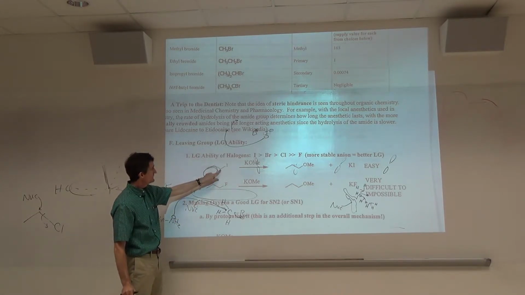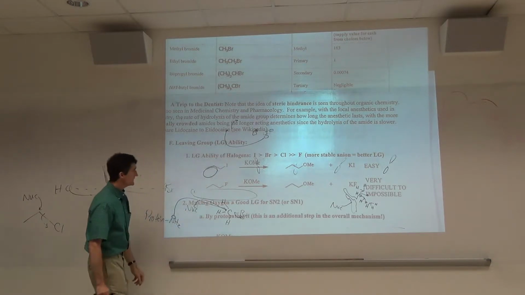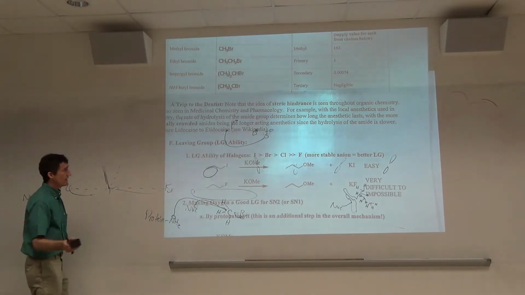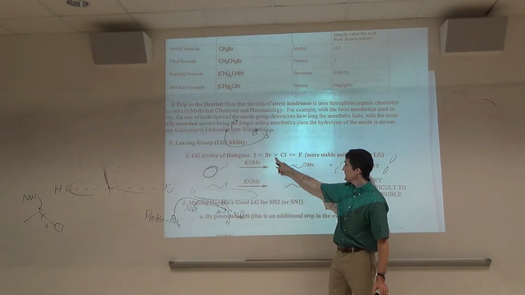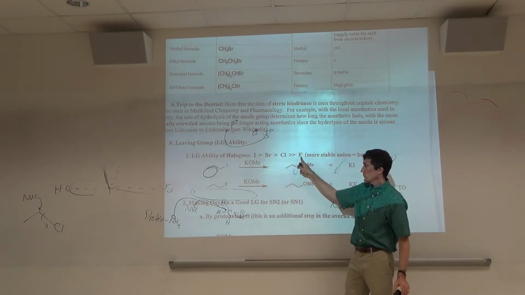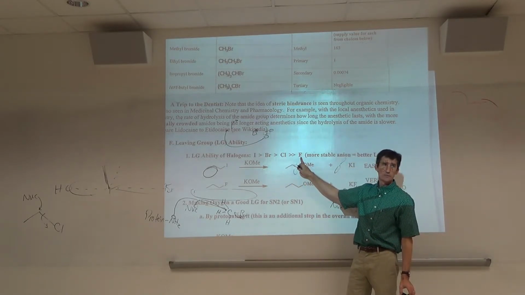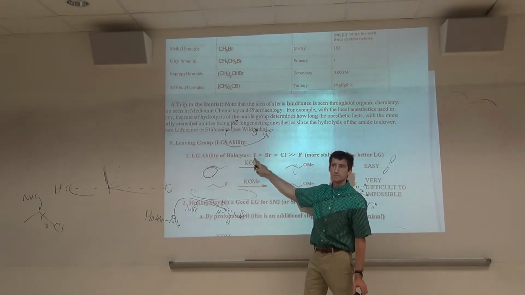Sort of the carbon. Let's look at the leaving group ability. The thing that's leaving. Your halogens are your best leaving groups, with iodine being your best, then bromine and chlorine. And those are much better than fluorine. Typically, F is not a good leaving group. Iodine's best, but it's kind of expensive.